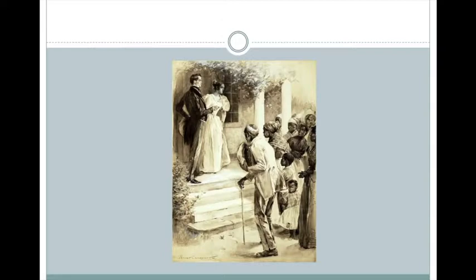This is a depiction of a Southern plantation mistress. And there were defining roles on these plantations. Mistresses cared for slaves. They oversaw the domestic servants and supervised the plantation when the master was away.